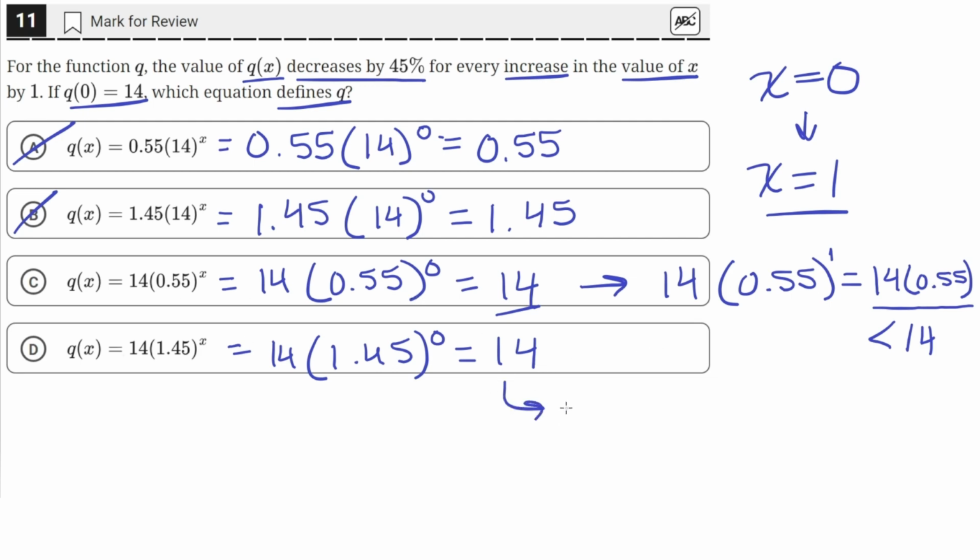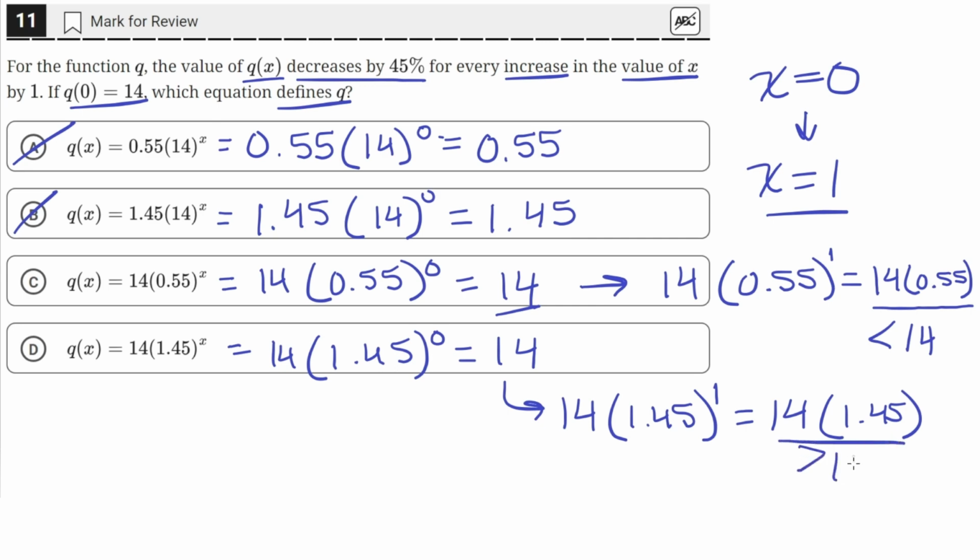So when we plug in a value of x equals 1 for D, we'll have the 14 times 1.45 raised to the power of 1. We'll be left with 14 times 1.45. Okay, this quantity here is actually greater than 14, because 14 times something that is greater than 1 will always result in a larger number, since 1.45 is greater than 1.